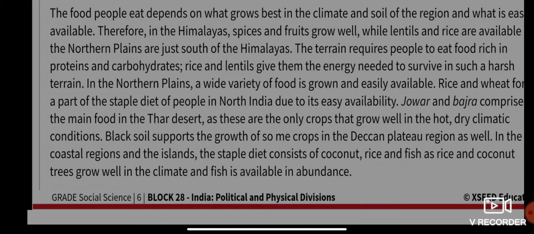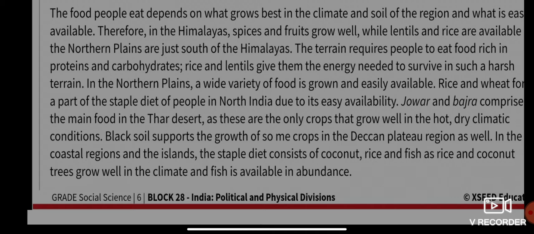So in the northern plain, a wide variety of food is grown and easily available. Rice and wheat form a part of the staple diet of people who live in North India due to easy availability. Similarly, jowar and bajra comprise the main food of people who live in the Thar Desert, as they are the only crops that grow well in the hot, dry climatic condition.